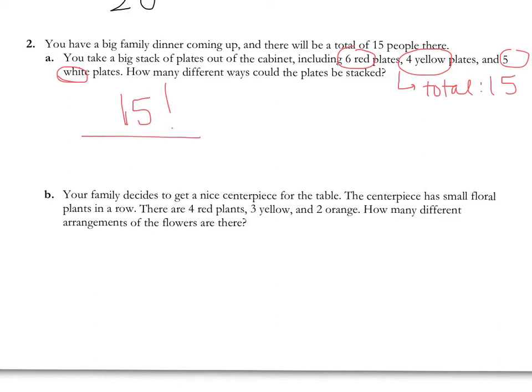And then we just have to divide if we have repetition. So here we have 6 red plates, so we divide by 6 factorial. We have 4 yellow plates, so we divide by 4 factorial. And we have 5 white plates, so we divide by 5 factorial.